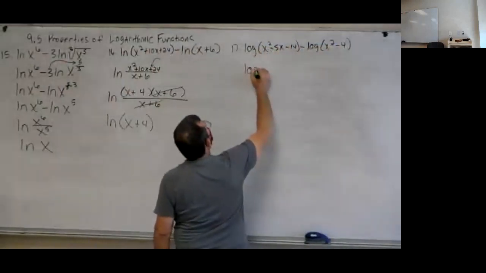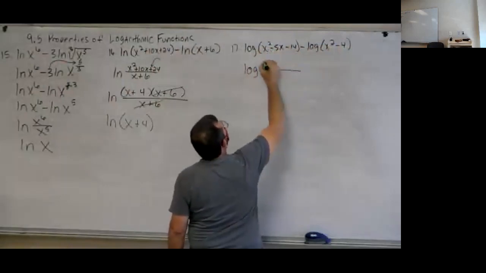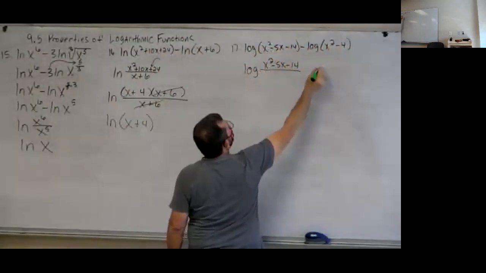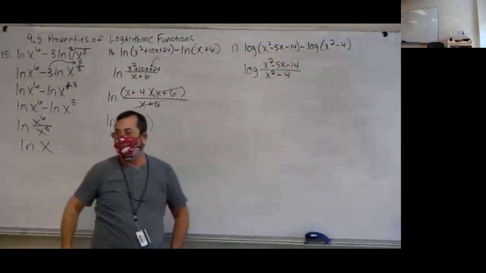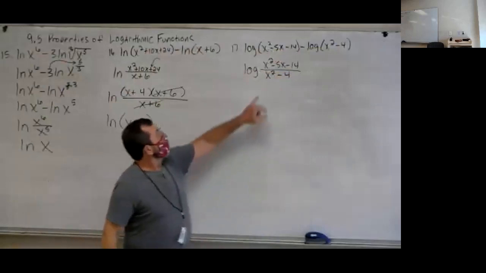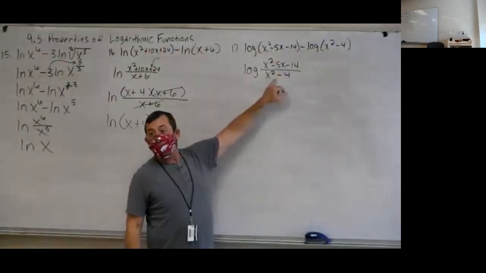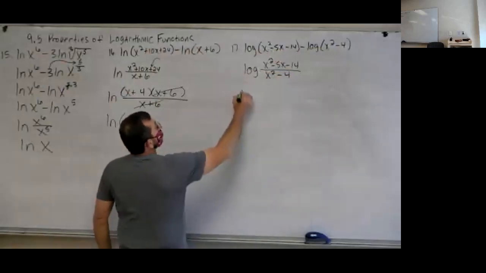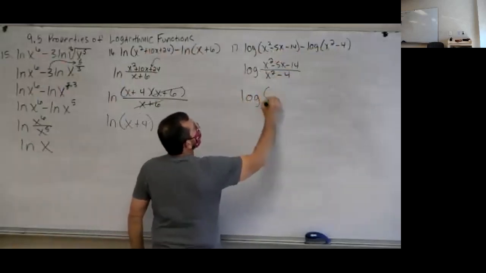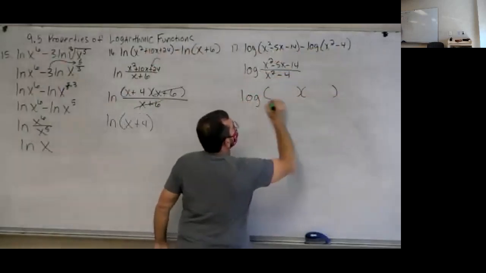So I got a log, top is the x squared minus 5x minus 14. Bottom is x squared minus 4. Now, if you factor that bottom one, the middle number will be 0 because there's not an x in the middle, okay? So y'all, both of these will factor.